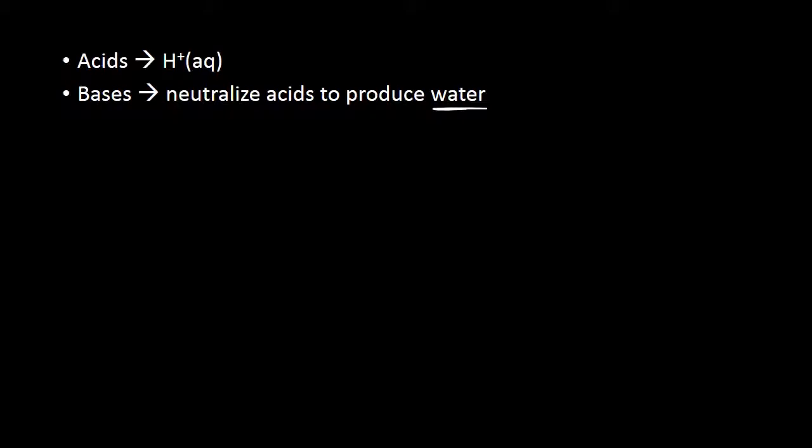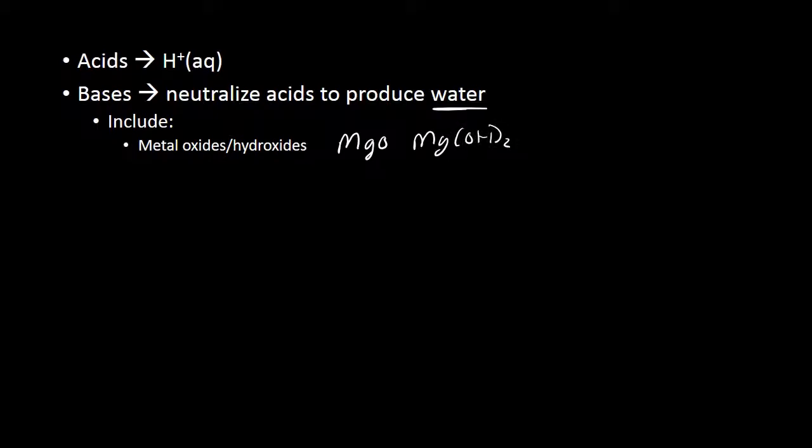Different kinds of bases that we're going to specifically look at, and the reactions in which they run, are metal oxides and hydroxides. That can include MgO, because that is an oxide, versus Mg(OH)2, that is a hydroxide. But both produce the same products.